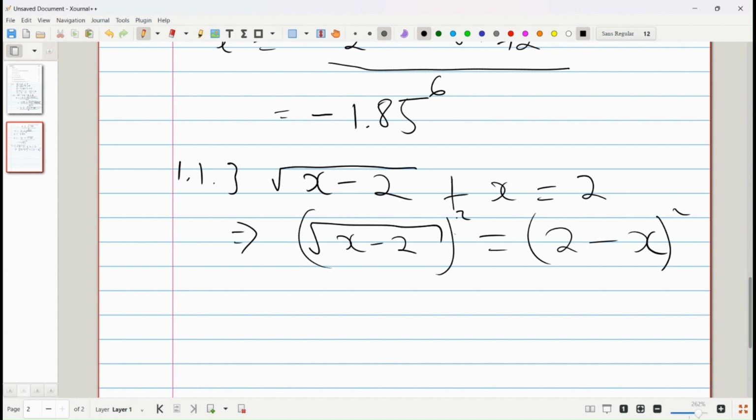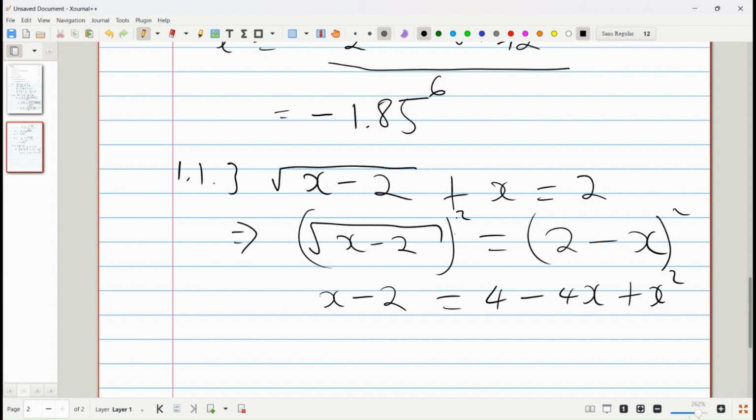So when you square a square root, the answer will be the number that is inside the square root. In this case, it will be x minus 2. When you square the right side, you'll have 4 minus 4x plus x squared.